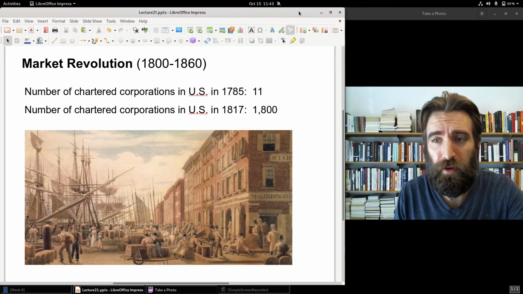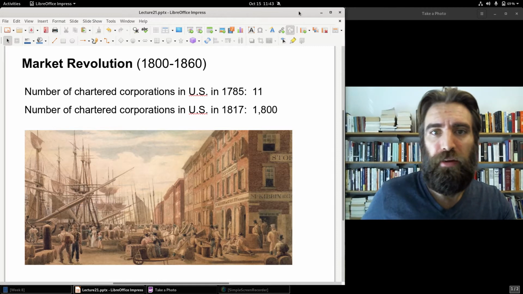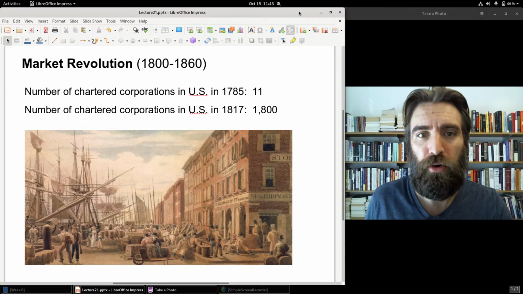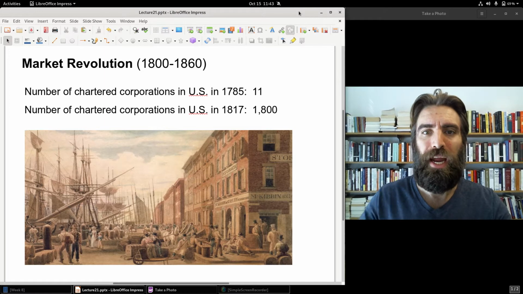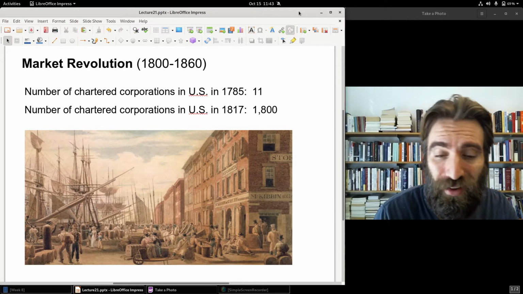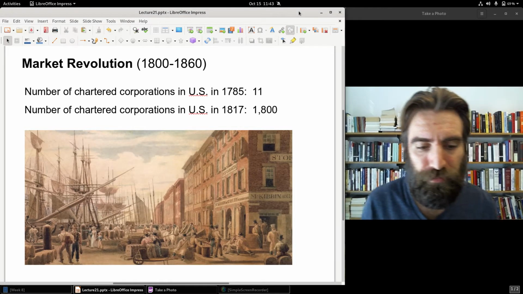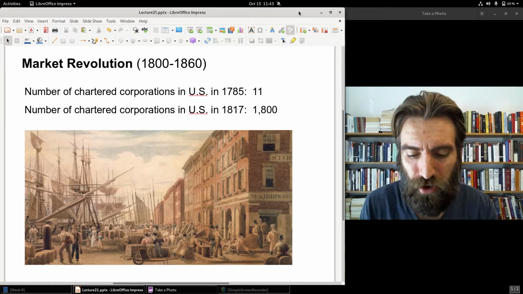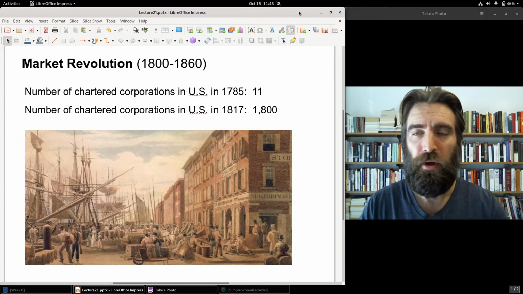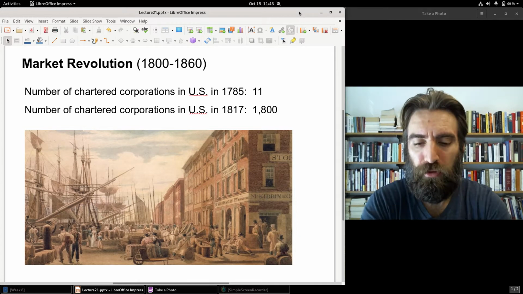Look at this. This is even more astounding. In 1785, there were only 11 chartered corporations in the United States. By 1817, there were nearly 2,000, 1,800 chartered corporations. And when we hear that term, chartered corporations, I think many of us think of a big corporation like Amazon or Walmart.